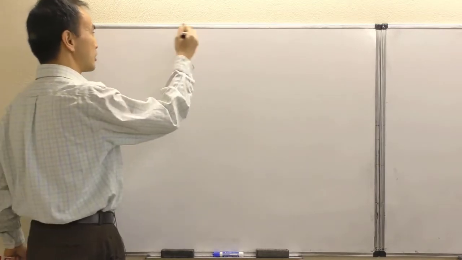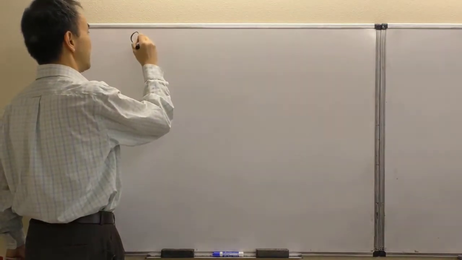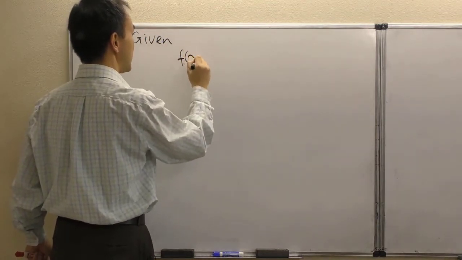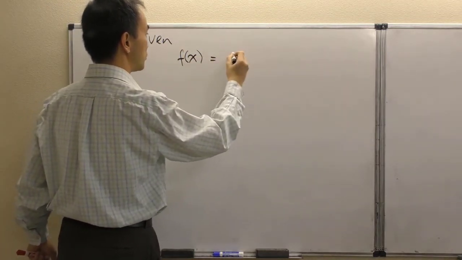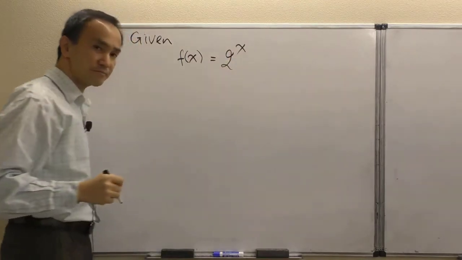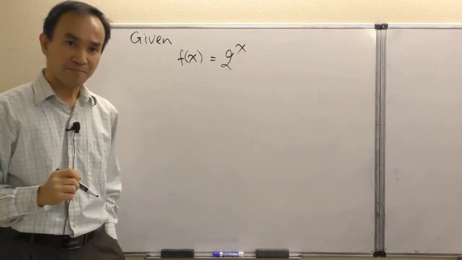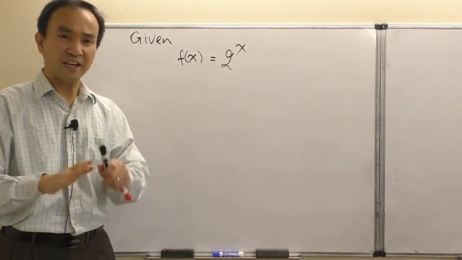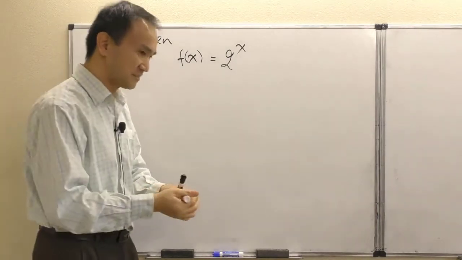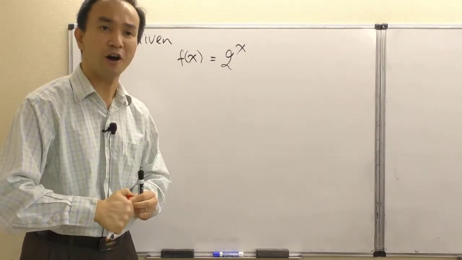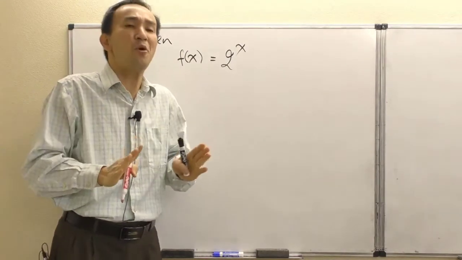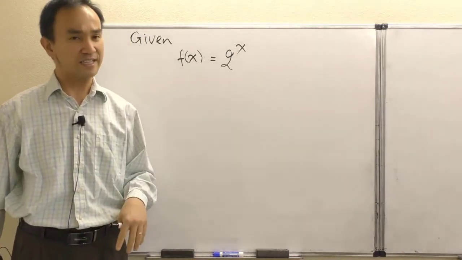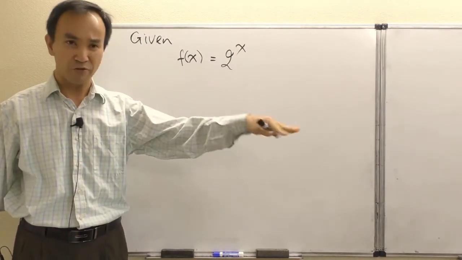Let's start out with a demo problem. How about we are given a function, f of x, defined with the following rule: 2 to the x. Before we get any further into the function, let me introduce a couple of terminologies. At this point, I did not mention anything about what an exponential function is, and maybe you have had some background.